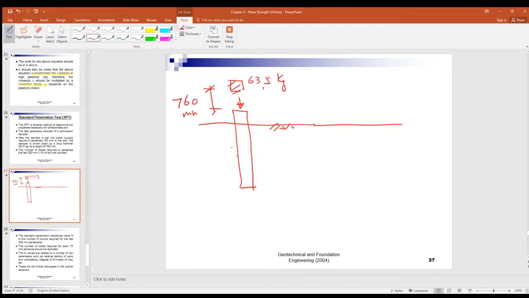And then you have a sampler tube to collect samples. Now it's a split type, so it can be separated easily into two pieces, right?